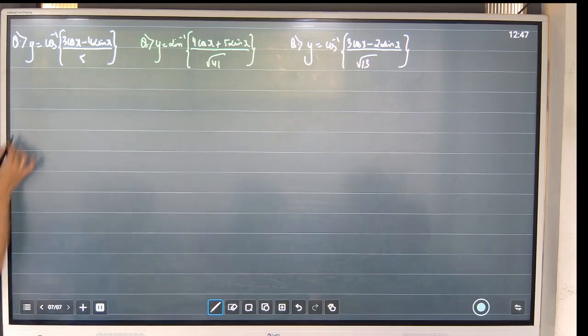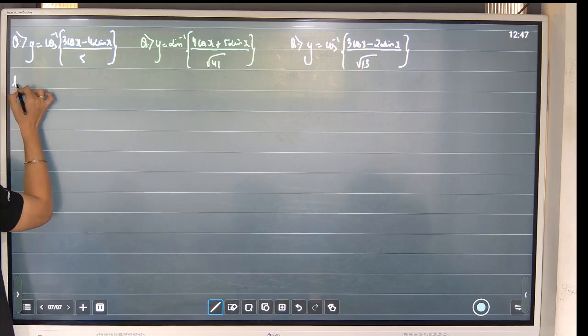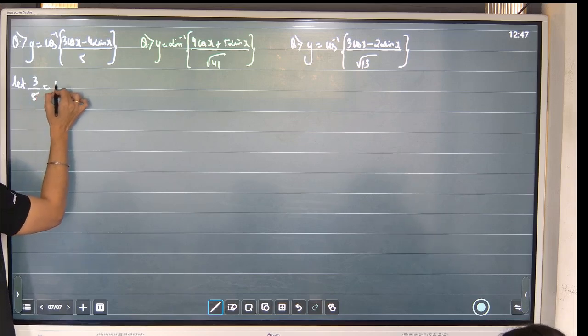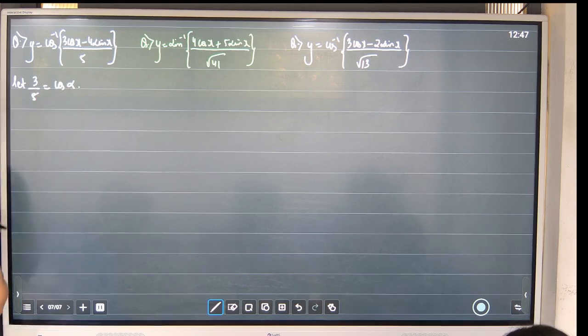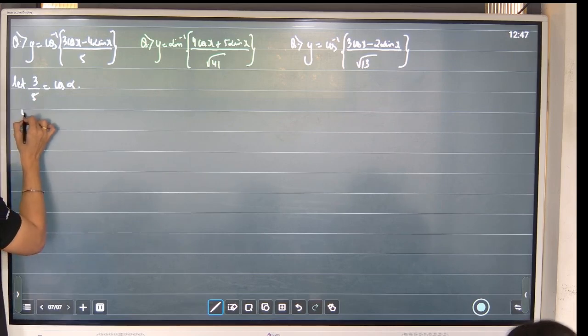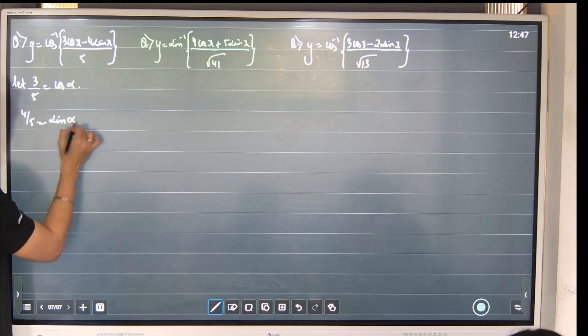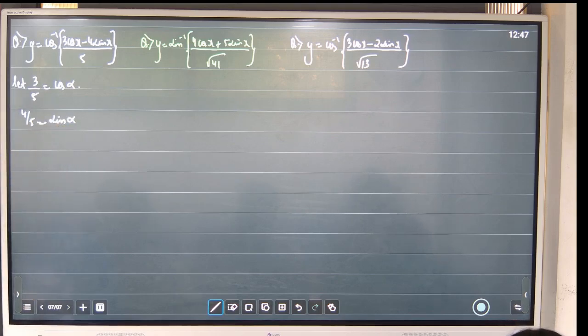Pay attention. In this, I'll write let 3 by 5 is equal to cos alpha, 4 by 5 is equal to sin alpha. Now this is the assumption. Now I have to check whether the assumption is right or wrong.